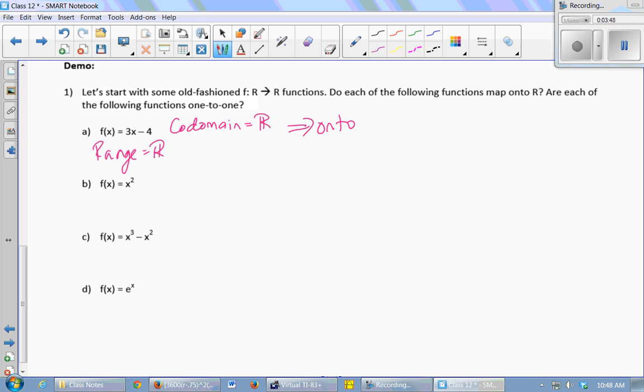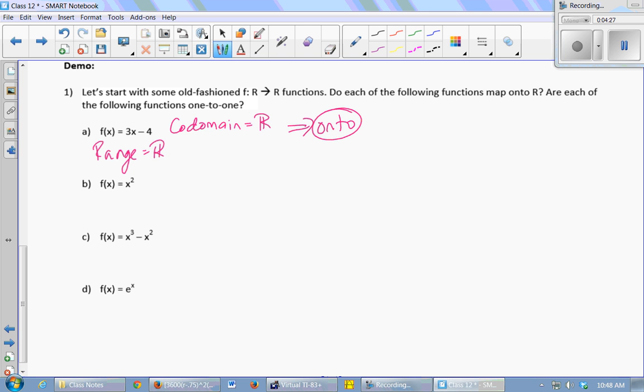All right. So how about one-to-one? The first one, f of x equals 3x minus 4. We know it's onto, right, because we can produce any real number. We can produce the entire codomain as images of a certain input. When I ask if something is one-to-one, I'm asking, is each y in the range produced by at most one x from the domain?